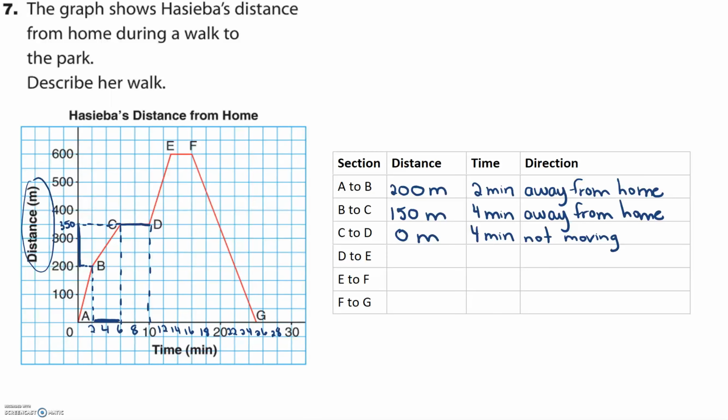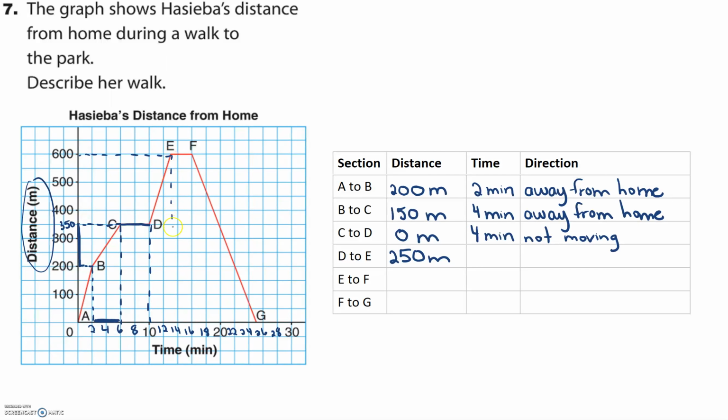Section D to section E. Section D starts at 350 and section E goes right up to 600. To find that, you do 600 minus 350, which is 250 meters. We have to look at the time. From section D, it's 10 minutes.